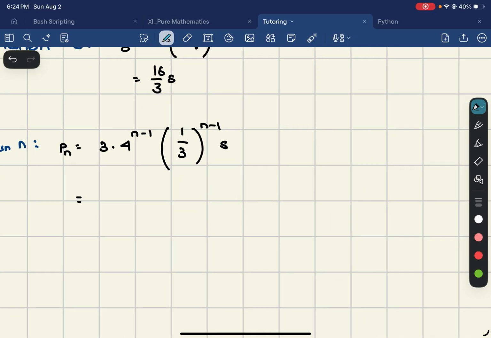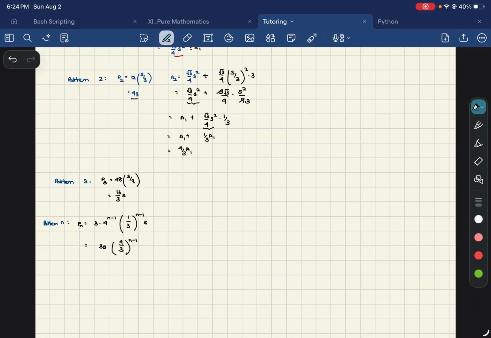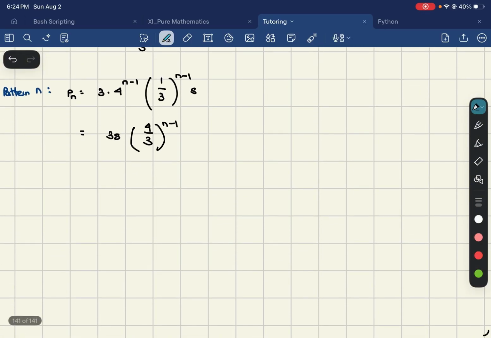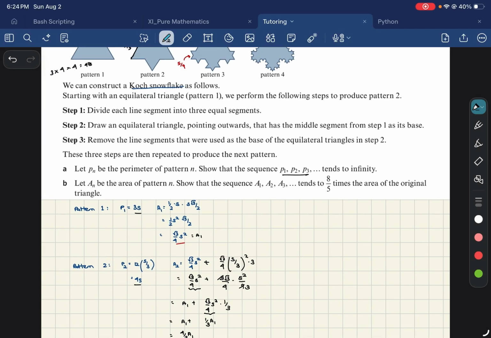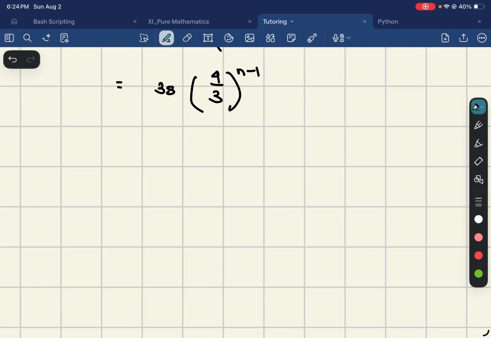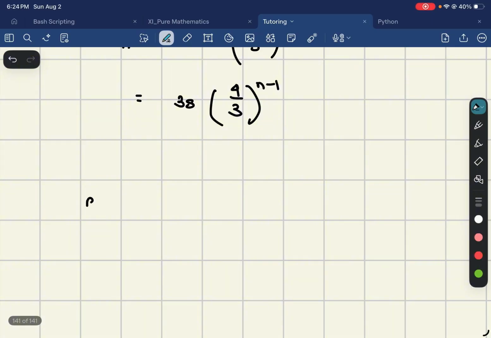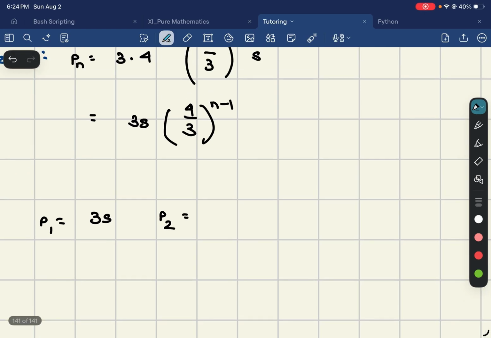All right, and this can be rewritten as 3s times 4 over 3 to the power n minus 1. So for pattern n, we have the perimeter, and basically it acts to show that the sequence tends to infinity. So let's show that. P1 was 3s, P2 was 4s, P3 and so on.